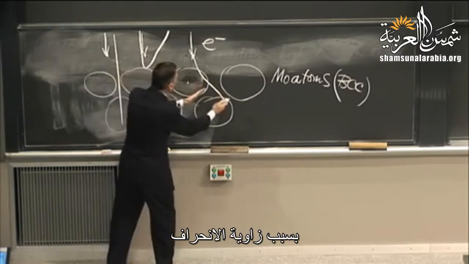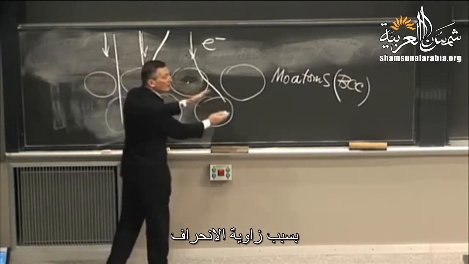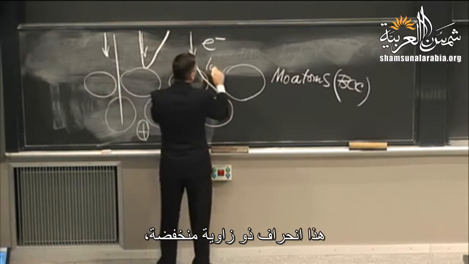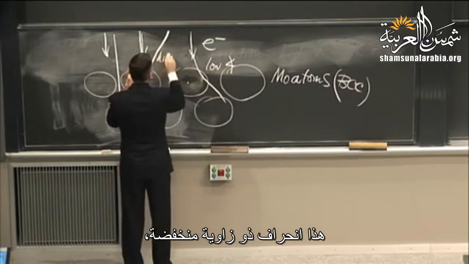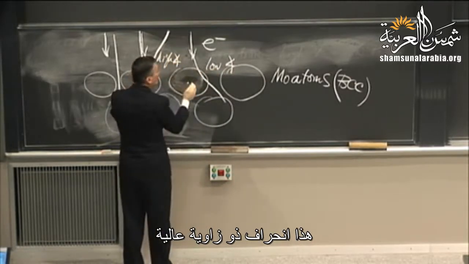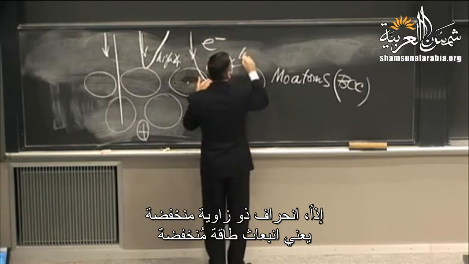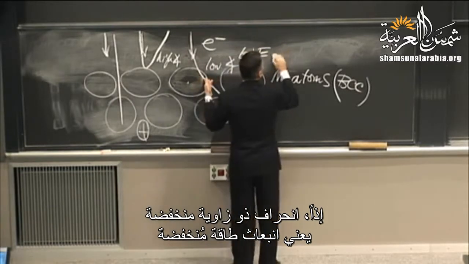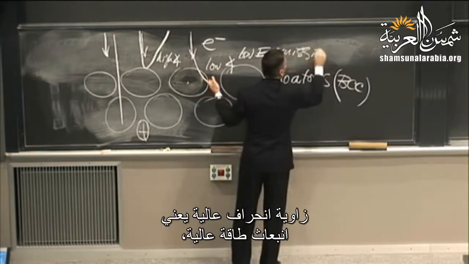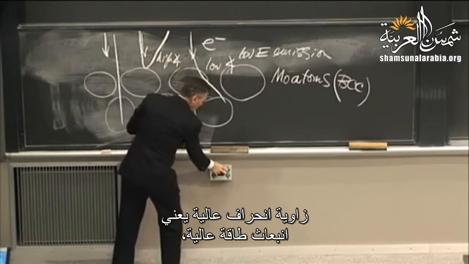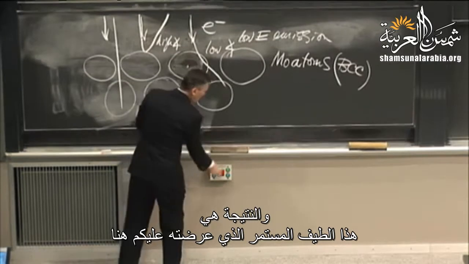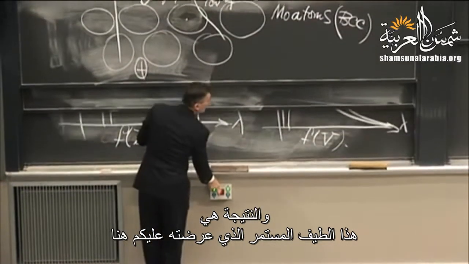So this is low angle deflection, this is high angle deflection. Low angle deflection means low energy emission. High angle means high energy emission, and the result is this continuous spectrum that I've shown you here.